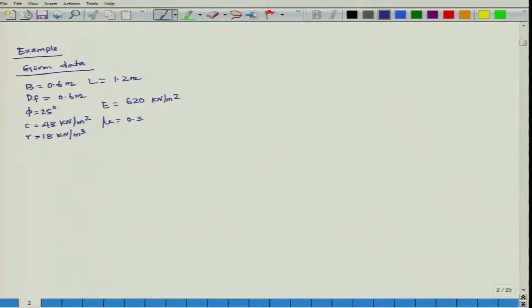These values have been given: size 0.6 and 1.2, depth of foundation 0.6, and phi, c, gamma, E and mu.